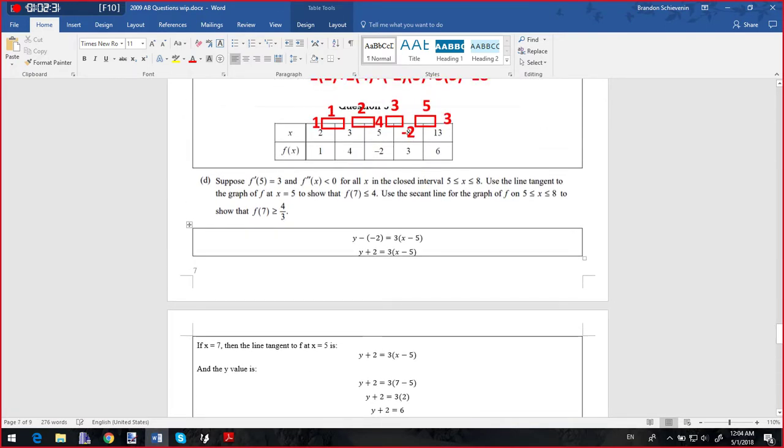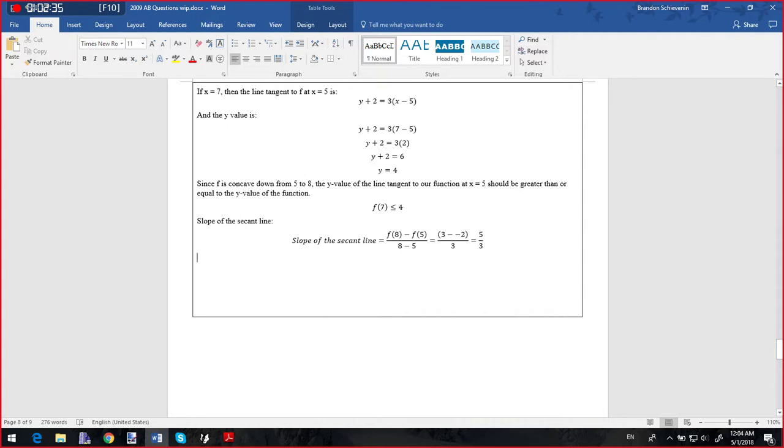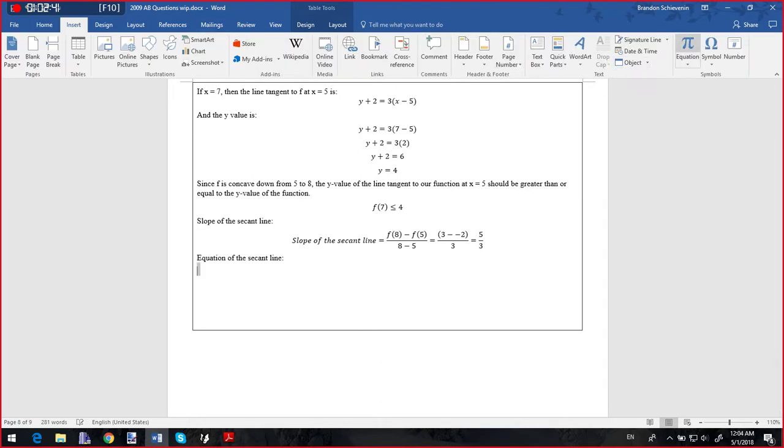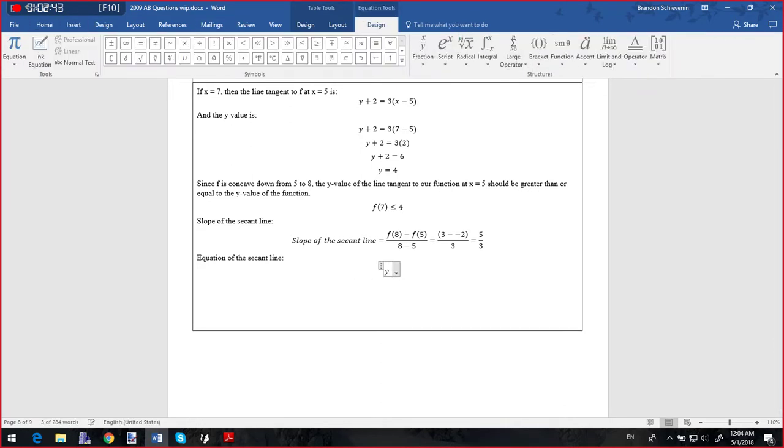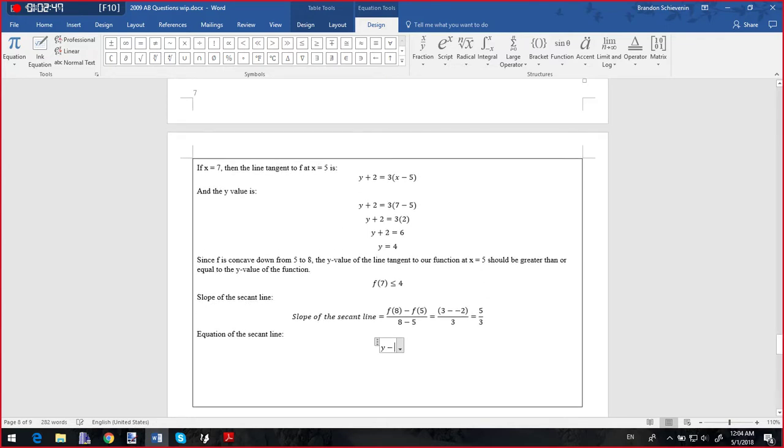I could pick either one of these points on the secant line, so I'm going to pick 5, negative 2. So the equation of the secant line would be this: y minus negative 2 is equal to 5/3 times x minus our x value at 5.